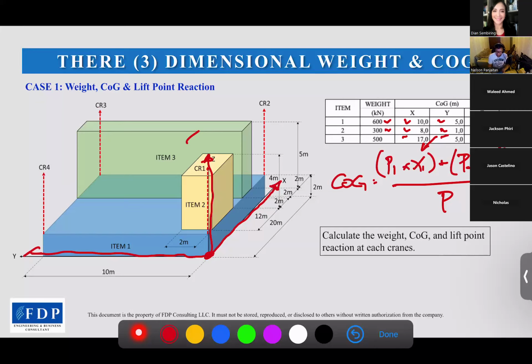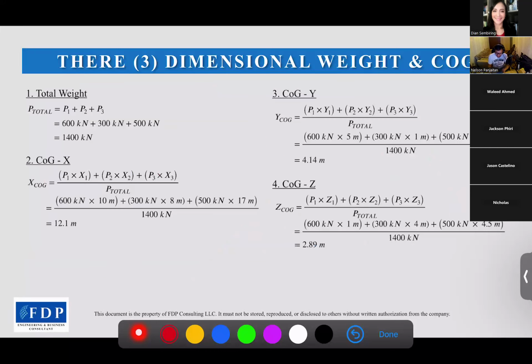Now with the same process as the previous day, to get the total weight, we just sum up all the weight: P1 plus P2 and P3, 600 plus 300 plus 500, we get the total weight of 1400 kilonewtons. And for the COGX, we can find it with the same formula, P1 times X1 plus P2 times X2 plus P3 times X3.